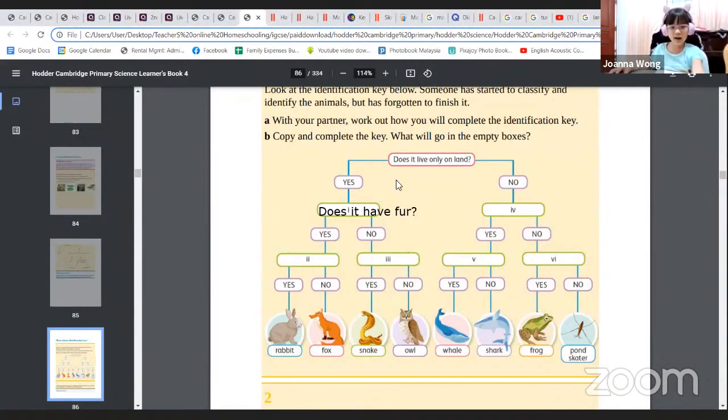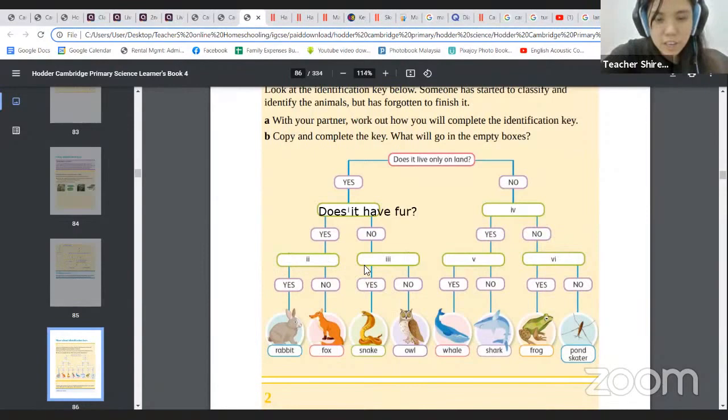And yes, I ask, does it have long ears? Yes, no. Yes, it is rabbit, and no, it is fox. You can say, does it have long ears or does it have long tail? Things like that. The question can be anything. If you're not sure, feel free to ask me.